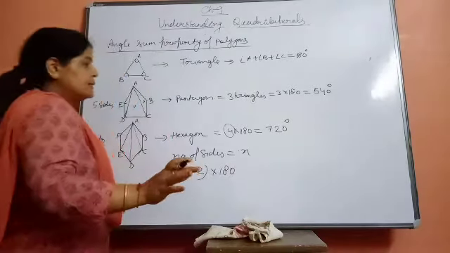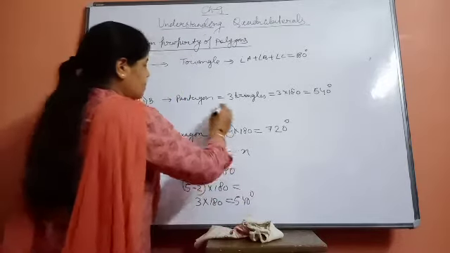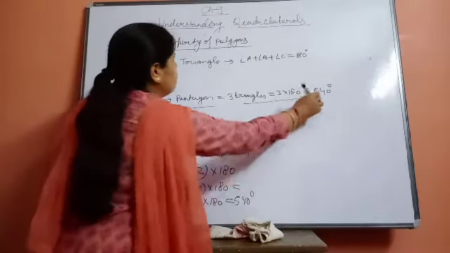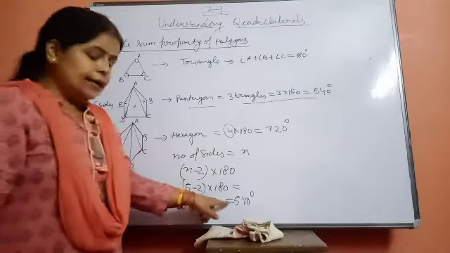Then we can get the interior angle sum of a polygon. Here I am going to do it for the pentagon. Just see, n means, beta, how many sides were there? 5. Minus 2, into 180. So 5 minus 2 is 3, 3 into 180. What will be the angle sum? You can see that by this method we got the same, and by this formula also we get the same.